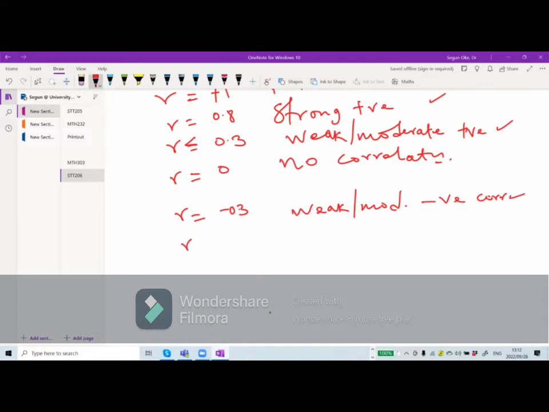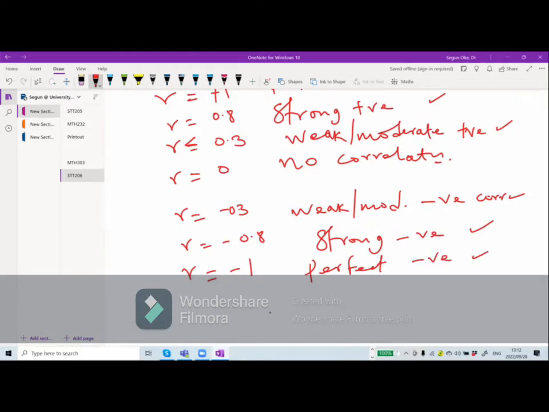Then when your R is -0.8, -0.9, you have strong negative correlation. But anytime your R is equal to -1, you have perfect negative correlation. You have to put that value there.